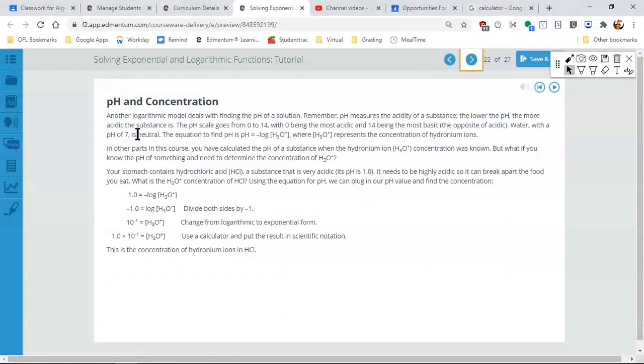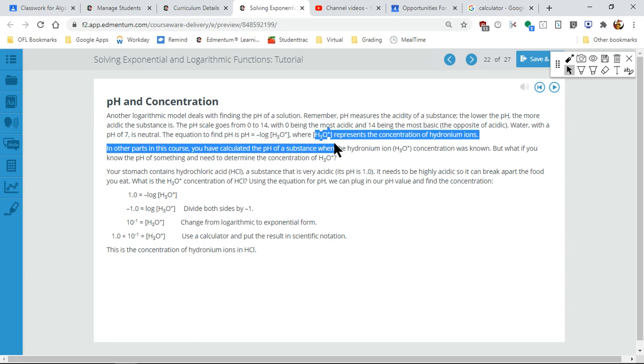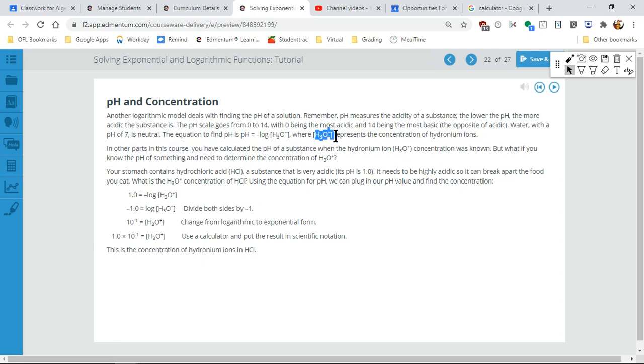We can also use it for pH. This is what it's saying here. I remember we had a hard time with pH. I'm not a science teacher, so it's really hard for me to explain how they want to do this. I want to say it's hydroxide. Anyways, hydrochloric acid. Okay.